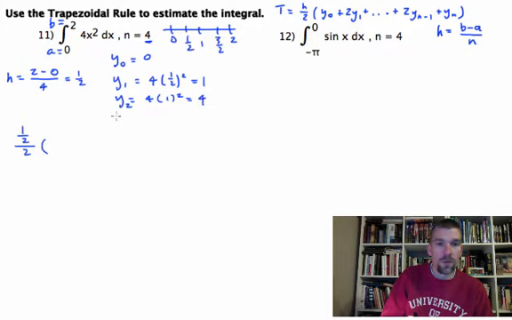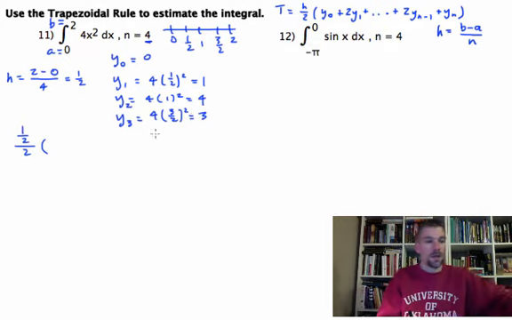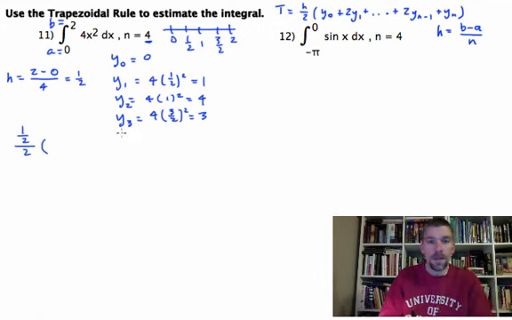We're going to end up with y3 being 4 times 3/2 squared. And that's going to be 9/4, so that's going to be 3. And then we're going to do y4, and what happens with y4 is we're just going to put the 2 in there.